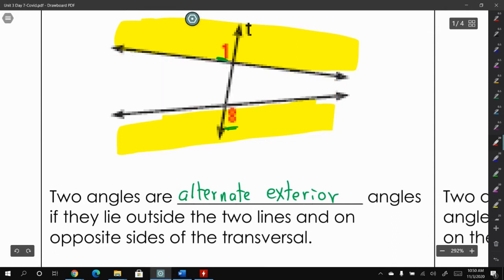So that means on the outside would be your exterior. So these are alternate exterior, opposite sides of the transversal, angle 1 and angle 8, and they're outside of the two horizontally drawn lines.